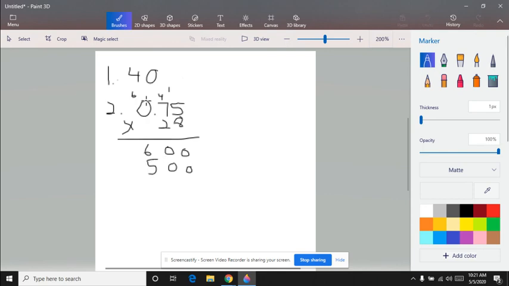Carry the 1. 0 times 2 is 0, plus 1 is 1. Then all I have to do is find my decimal place. 2 decimals here, so I bring it over 2 decimals in my answer. So my answer is 21.